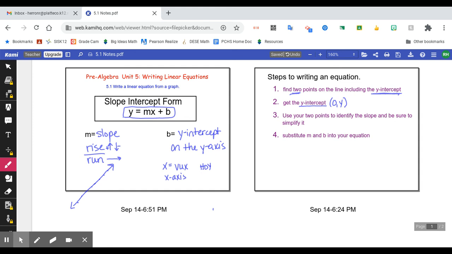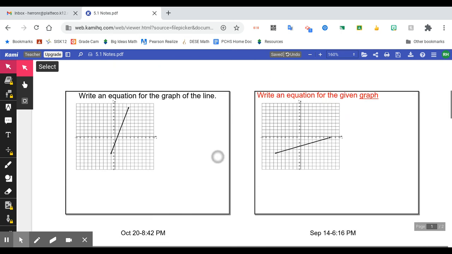So our slope is going to be our rise over run. And then substitute m and b into your equation once you've found them. So y equals mx plus b. We're leaving y and x alone for this one, and we're just plugging in the m and b for whatever we find. All right, so let's fill in our first one down here.